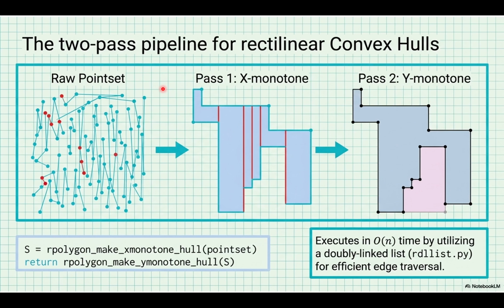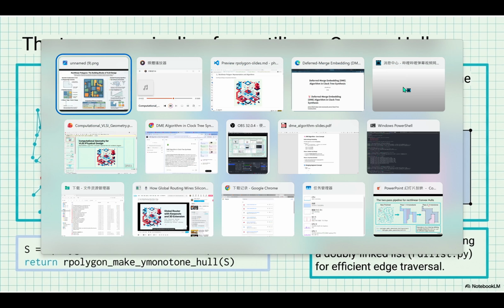Pass 1 sweeps through the raw point set and reduces it into an X-monotone shape. So that sweeps away all the vertical concavities, or the dents. Then pass 2 takes that output and immediately reduces it into a Y-monotone shape. Right. And because the shape is forced to adhere to both monotone rules sequentially, the resulting geometry is physically incapable of having any inward-pointing dents at all. Wow. It is mathematically guaranteed to be a fully convex polygon.